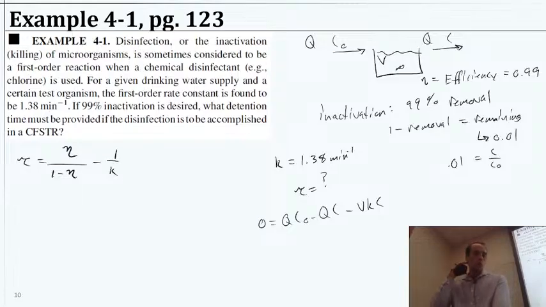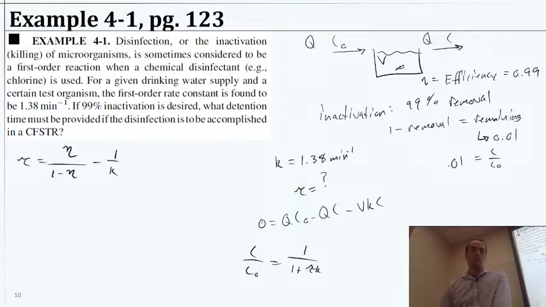Could do that, or the first thing that comes to my mind, just because I don't really look at it in those terms as often, would be to simply solve this for C over C naught, which becomes 1 over 1 plus tau k, but that's not super convenient because then we have to resolve for tau.